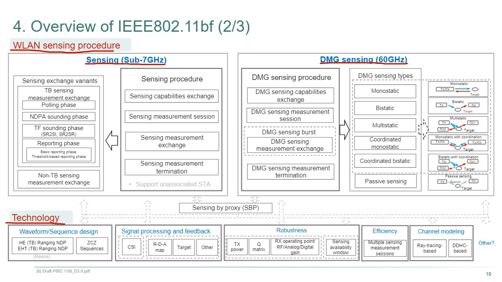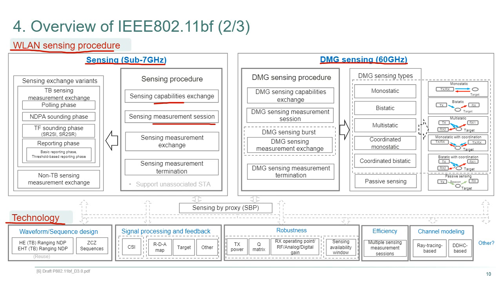For the sub-7 gigahertz sensing procedure, we have different phases or parts. We start with the capability exchange. We know the sensing capability of different stations, devices. And also we will have some initiation discussion or handshake to set up the session for sensing measurement.